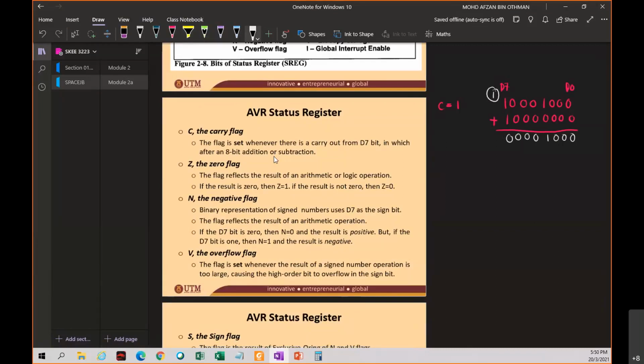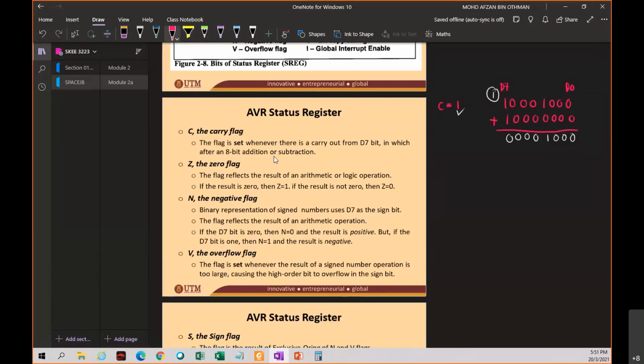So what happens when you have a carry? C automatically becomes 1. If you don't have a carry from bit 7 to bit 8, then C becomes 0. So that is for the carry flag.